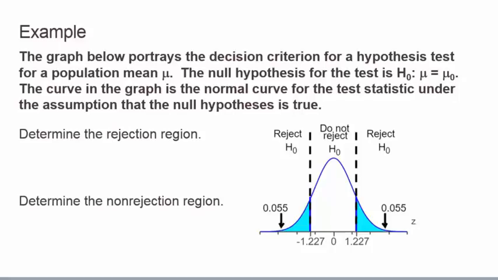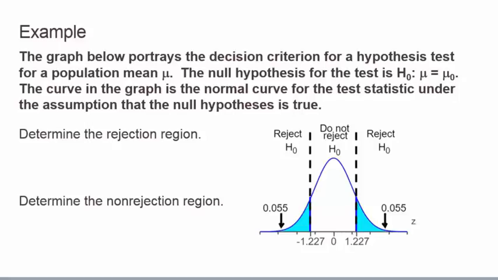Example. The graph below portrays the decision criterion for a hypothesis test for a population mean mu. The null hypothesis for the test is H sub 0: mu equals mu sub 0. The curve in the graph is the normal curve for the test statistic under the assumption that the null hypothesis is true.